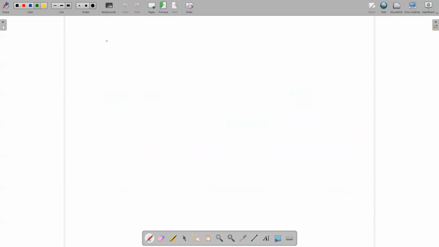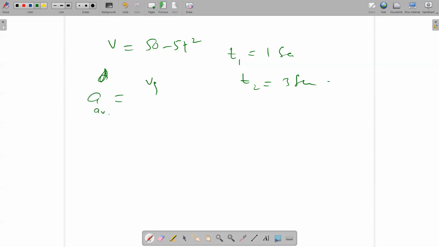I am writing the same equation, v is equal to 50 minus 5t square. If t1 is 1 second and t2 is 3 seconds, find the average acceleration. What will you do? a average is equal to v2 minus v1 over t2 minus t1.